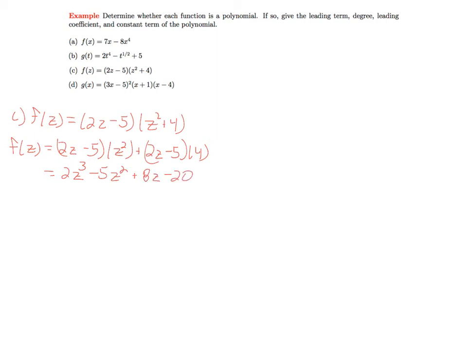And so now we've got this polynomial in standard form. The term with the highest power, I've just circled in green, so this is the leading term. The constant term is over here. From the leading term, we see that the degree is 3.